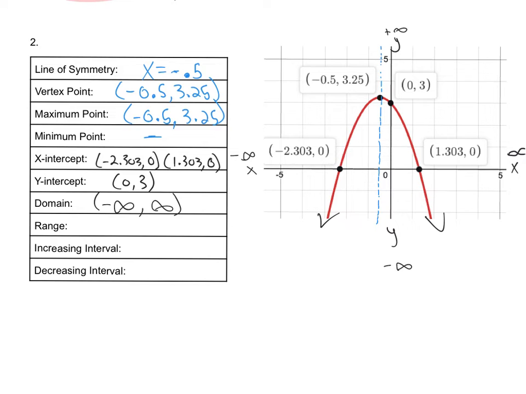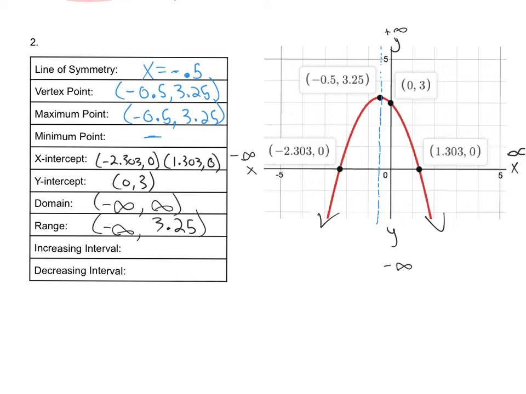The range, if we're looking just at the y values that are included here, is going to start down at negative infinity, since our graph is going down at the bottom. Remember, range we're always doing from bottom up. Domain you're doing from left to right. So here in the range we're starting at the bottom, negative infinity, going all the way up to the highest y value, in this case the y value at the vertex, 3.25.